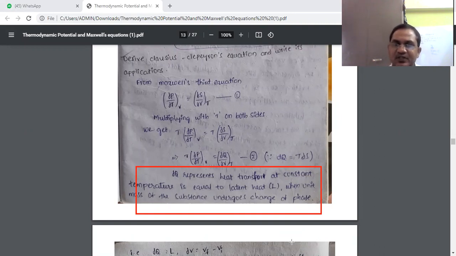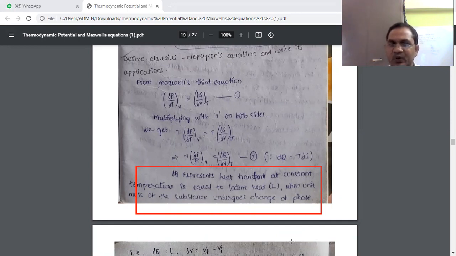So these are the changes of state. During the change of state of a substance, the temperature remains constant. That temperature is called the melting point, boiling point, or sublimation point.